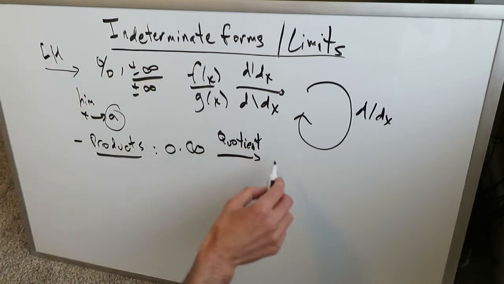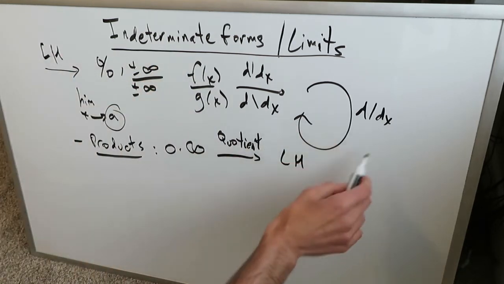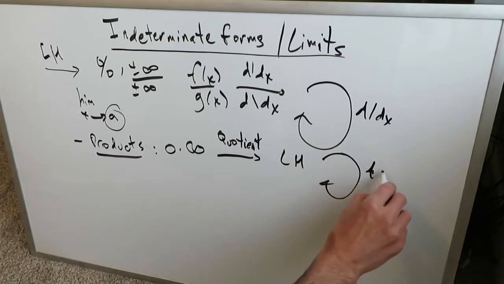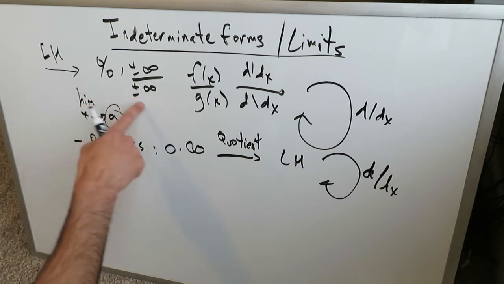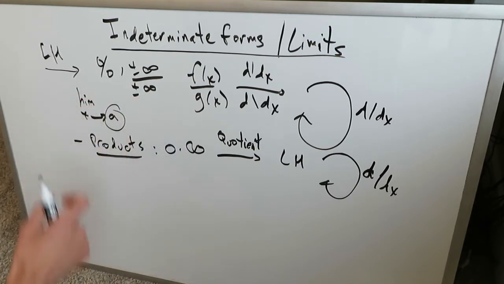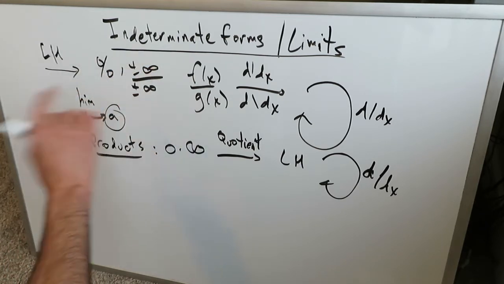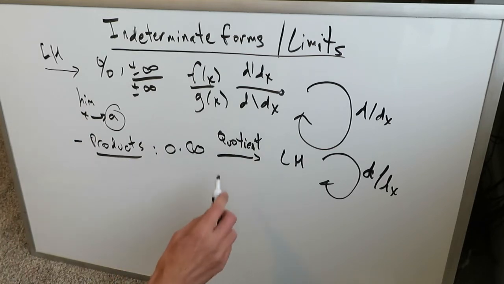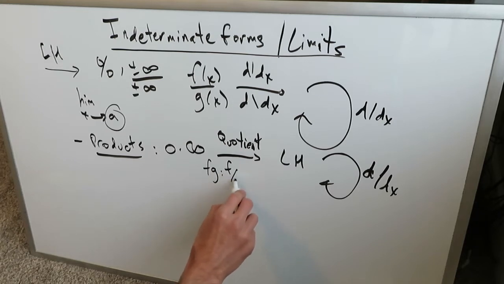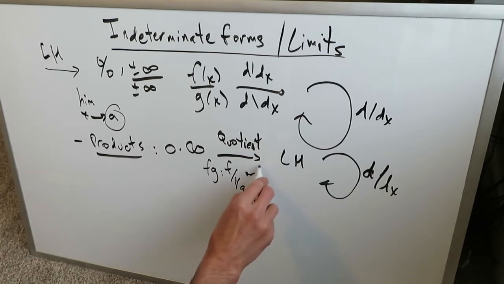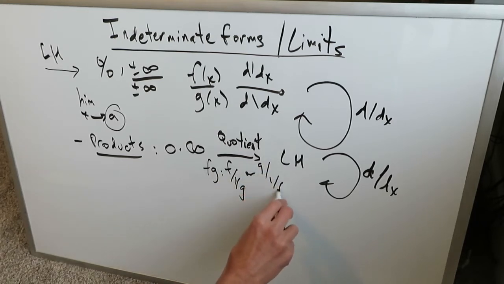Then you could apply L'Hopital's rule and carry it out through the same loop of the derivative procedure, so long as these indeterminate forms, 0 divided by 0 and positive or negative infinity divided by the same, existed. To convert it to the quotient form, we did something like this: f divided by 1 over g, or g divided by 1 over f.